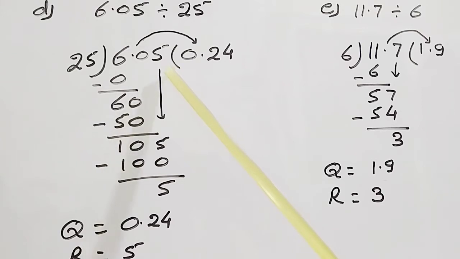Then write the next digit 5 down. Now it becomes 105. 25 taken 4 times gives 100. Subtract 100 from 105. It is 5. So 0.24 is the quotient and 5 is the remainder.